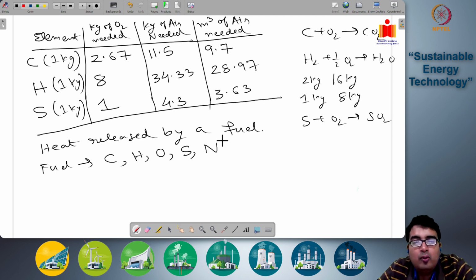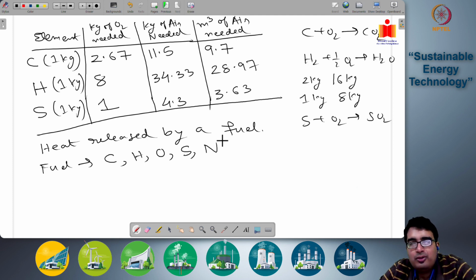Now, what we want to find is the total heat released by a fuel which contains a certain kg of carbon, certain kgs of hydrogen, certain kgs of oxygen, certain kgs of sulfur, and certain kgs of nitrogen. Alright. Now, while nitrogen burns with oxygen to produce nitric oxide, that reaction does not release any heat.